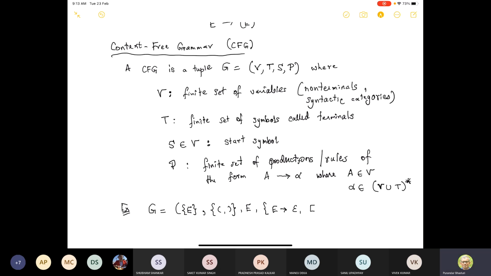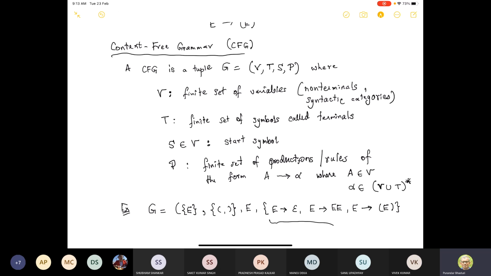The second one is E goes to EE. And the third production is E goes to open paren E close paren.